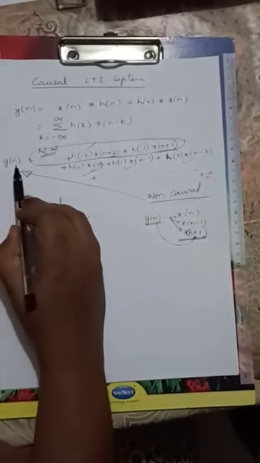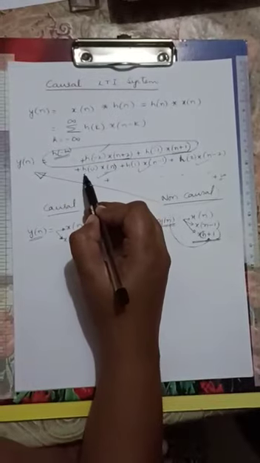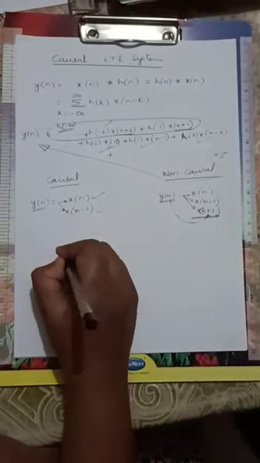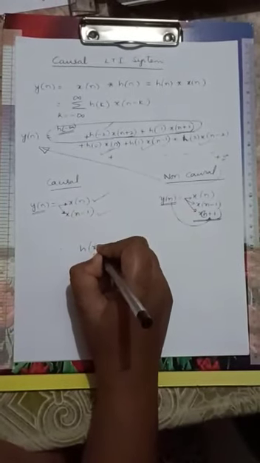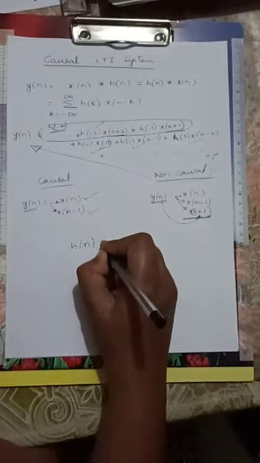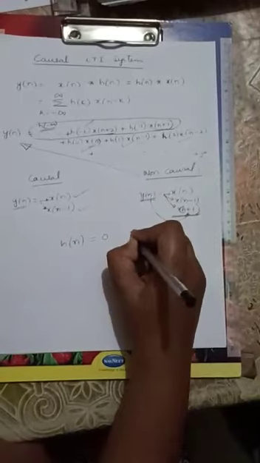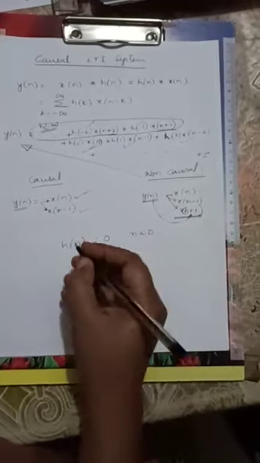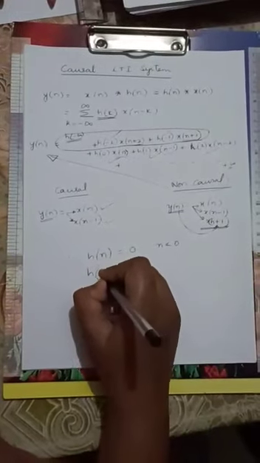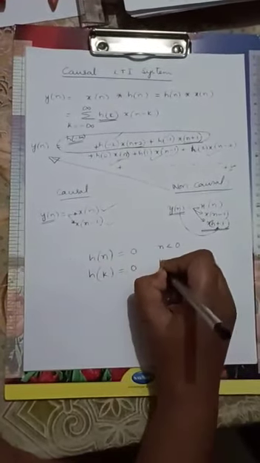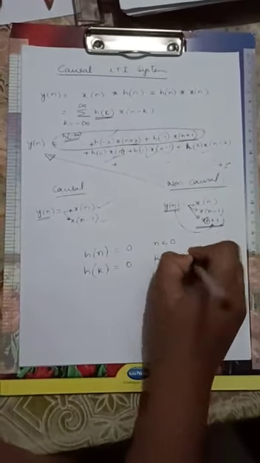If these terms are 0, then automatically y of n depends only on h of 0 to h of plus infinity. So what is the condition on h of n? h of n must be equal to 0 for n less than 0. Or if you want to write it in terms of h of k, then h of k must be equal to 0 for k less than 0.